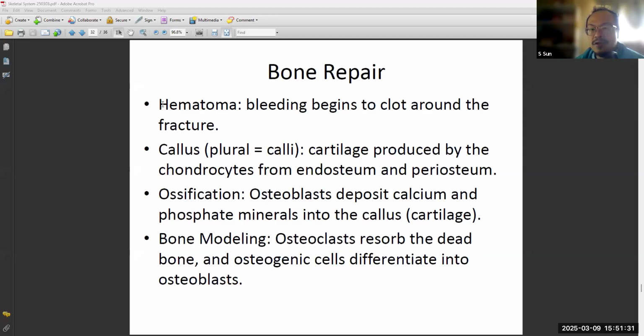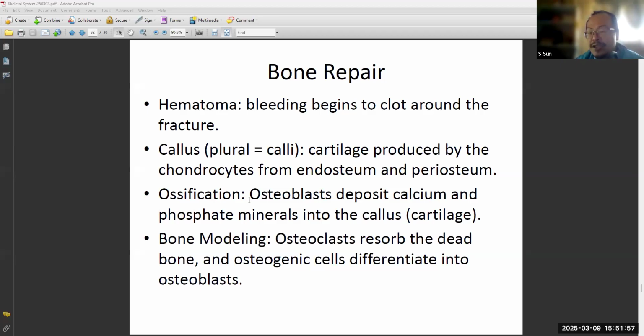The key here is for the chondrocytes to form the cartilage. We have a terminology for this cartilage: it's called callus. Then the callus is hardened by the osteoblasts.